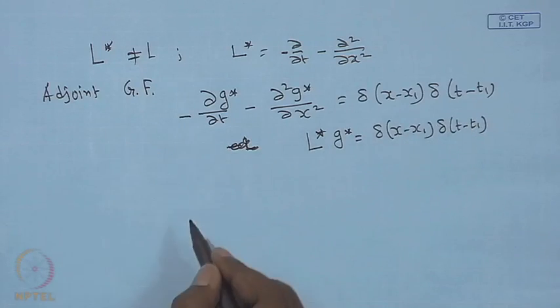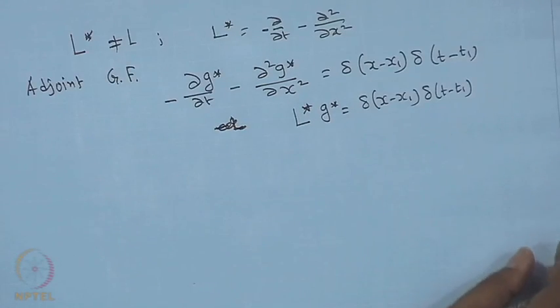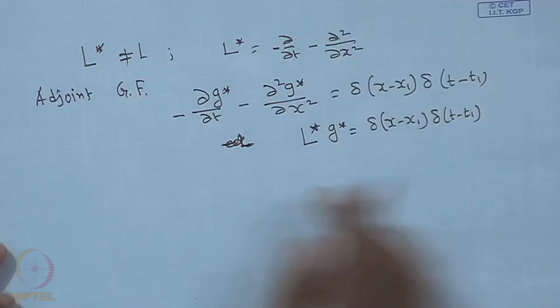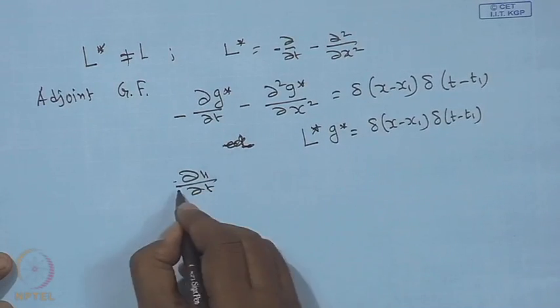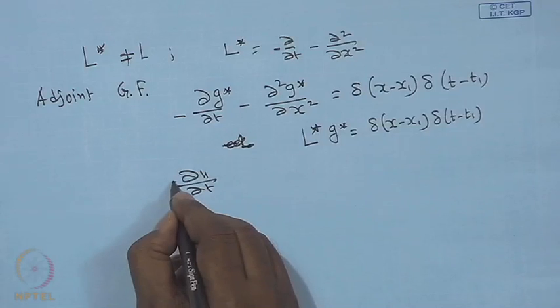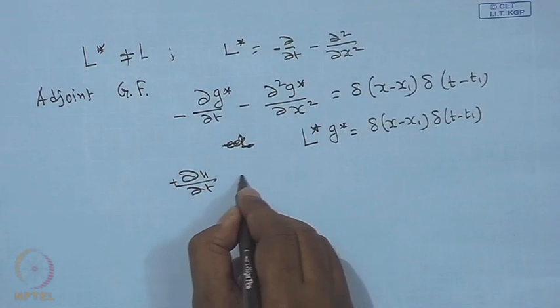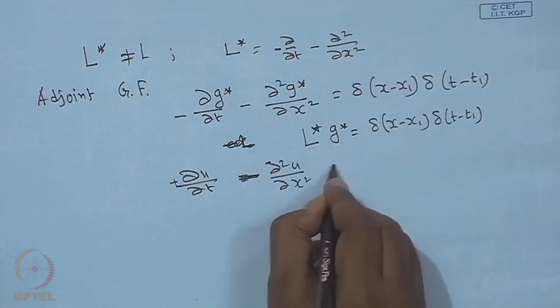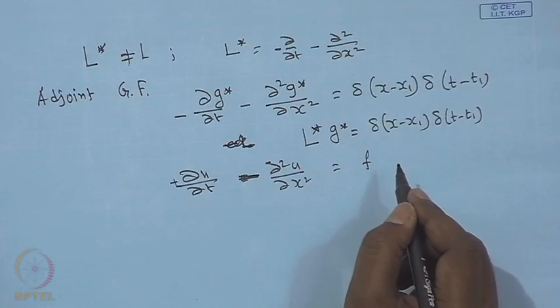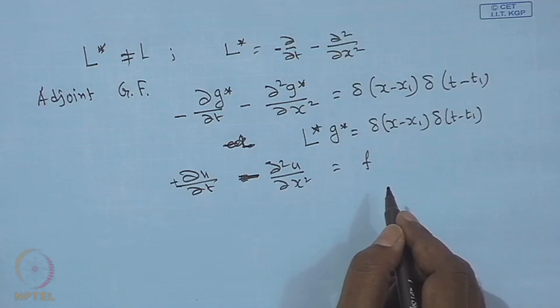We now connect this equation with the original problem, del u del t minus del squared u del x squared is equal to f, which may be a constant or a prescribed function of x and t.